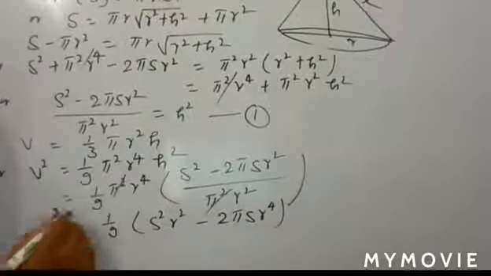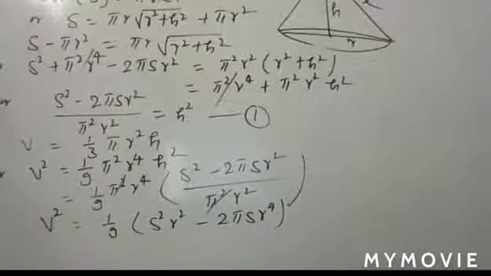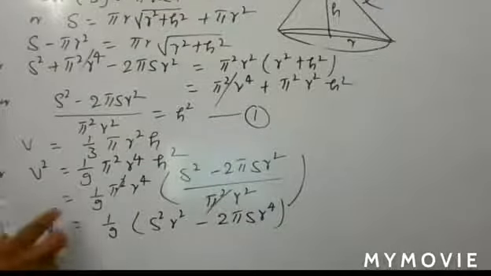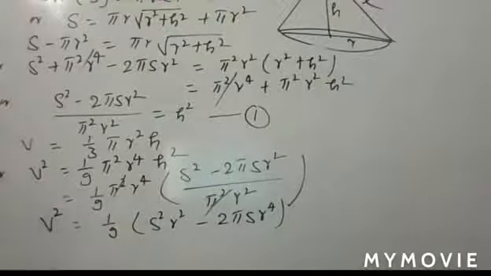That gives the value of V square. Now you take its first derivative, taking complete V square just like a function. You take its first derivative, then its second derivative. No need to differentiate V square with respect to R separately, only take its first derivative.